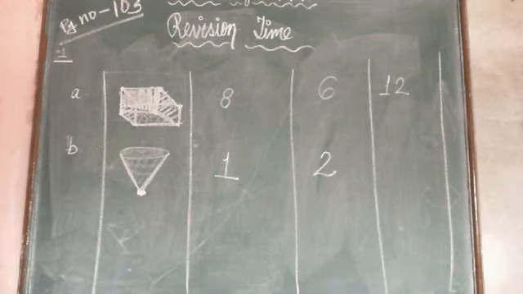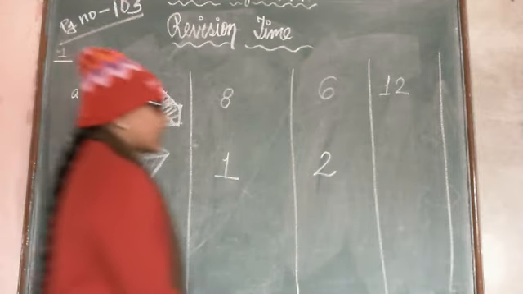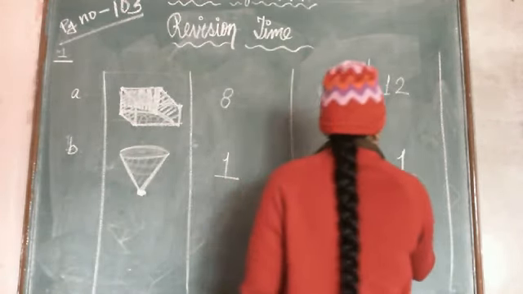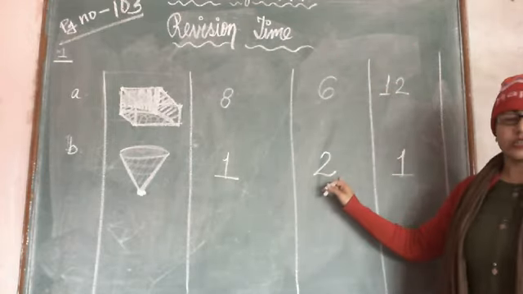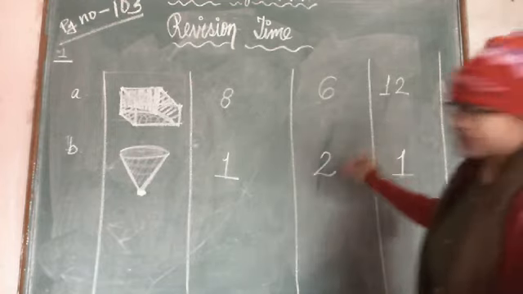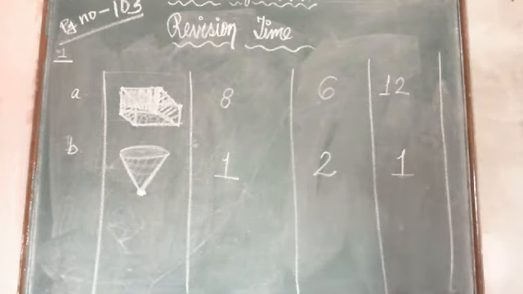Now, number of edges. So, only one edge is there. So, the number of vertices is only one vertex there. Number of faces 2 and number of edges is 1. Do it fast.